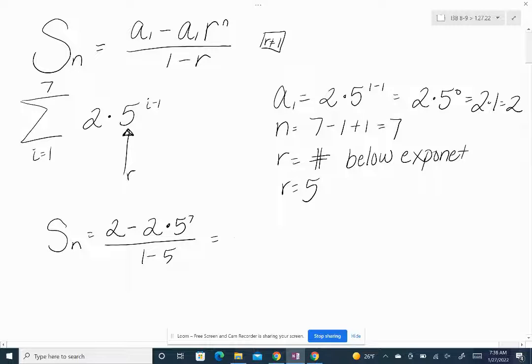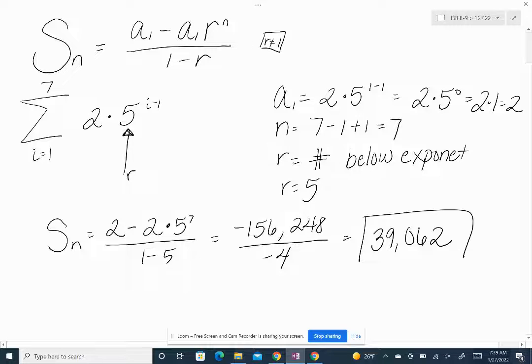And that's going to give me negative 156,248 divided by negative 4. I already did the calculator part of this earlier. And then once you put that in your calculator, it's going to give you 39,062. And that would be your final summation.